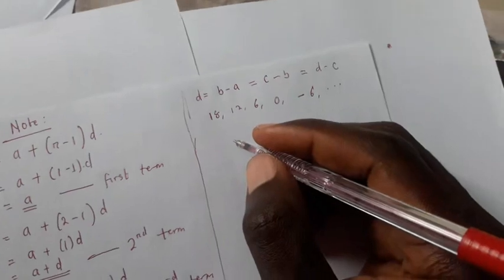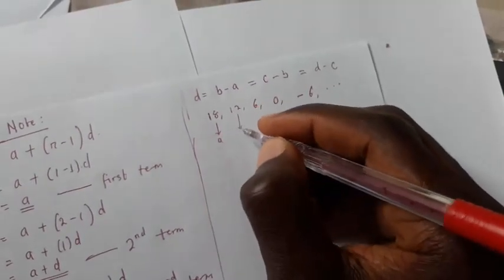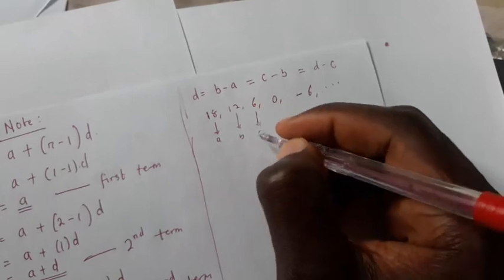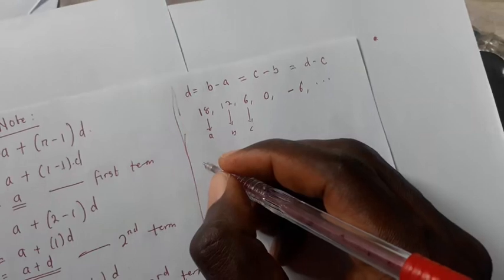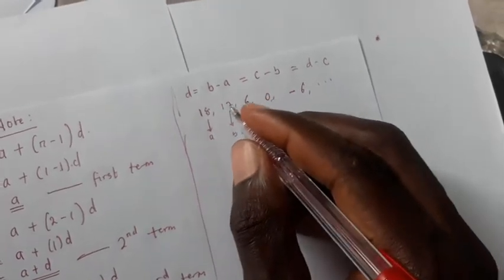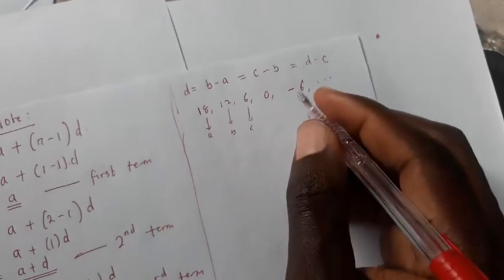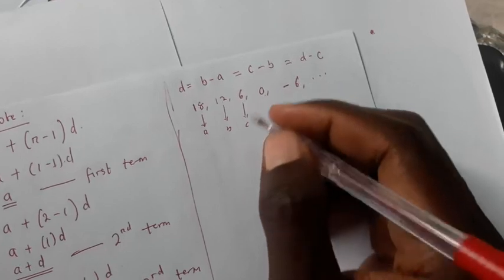From here, we are going to proceed. Here is A. This is B. Here is C. Using the formula to calculate our D, which is the common difference, meaning 12 minus 18, must be equals to 6 minus 12. It must be equals to 0 minus 6. It must be equals to minus 6 minus 0.